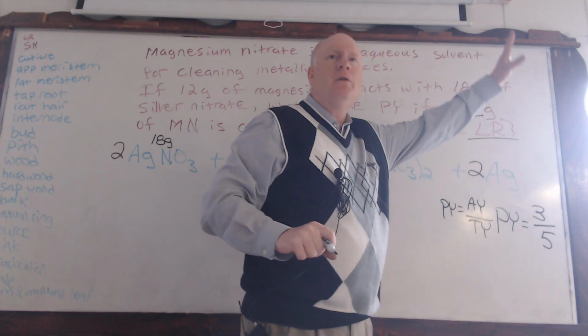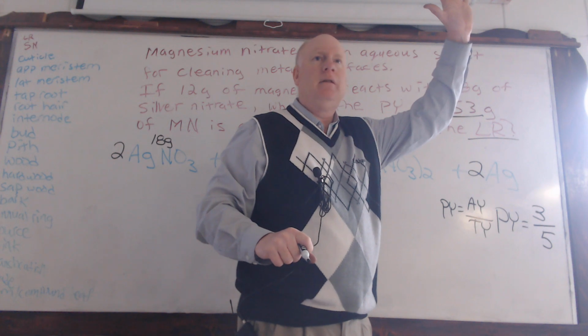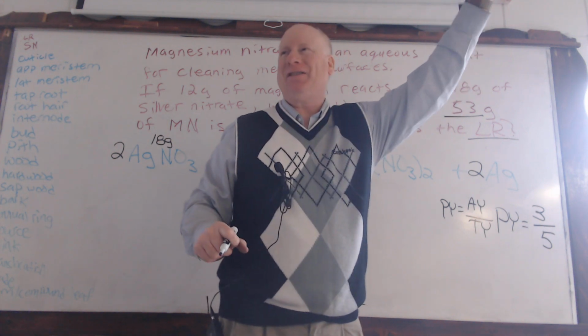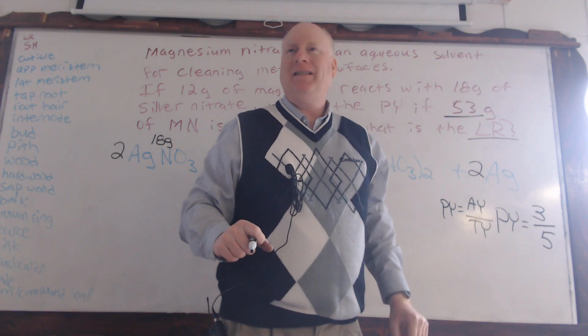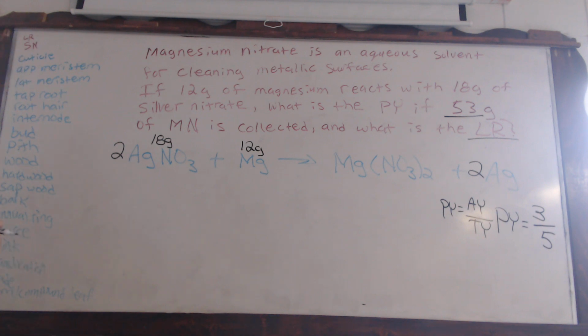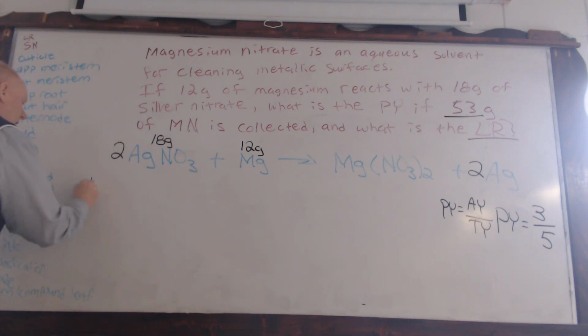So how many of you are moles people only? Well, okay, everyone else has their hand up. Yes, we are mole people. Okay? All right. So, if that is the case, which is fine, we'll just start with this one. 18 grams of silver nitrate. Okay?